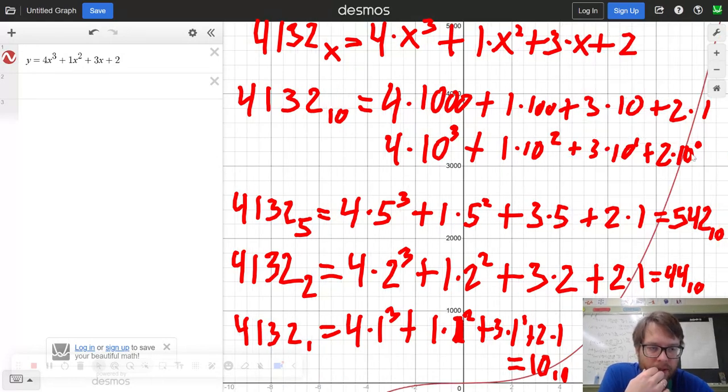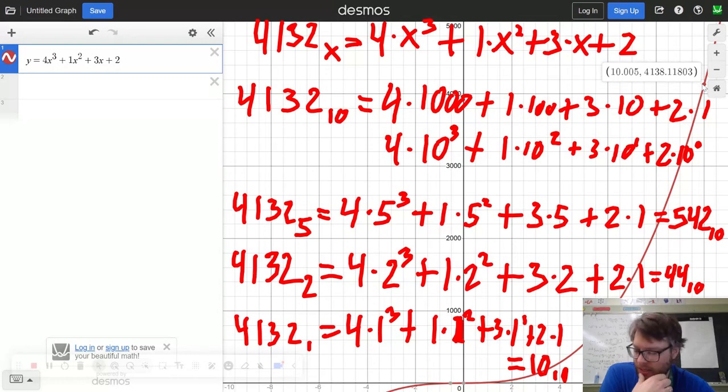All right, so if I look over here where x is equal to 10, I hope you can see that when I make x equal 10, look what number I get, 4132. So the number's value in base 10 is the same as the y value of the polynomial.